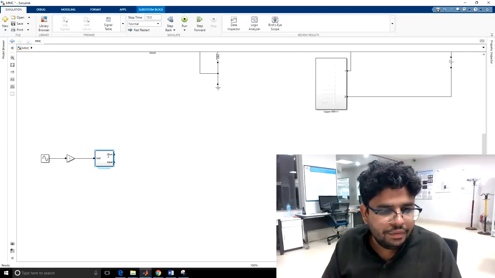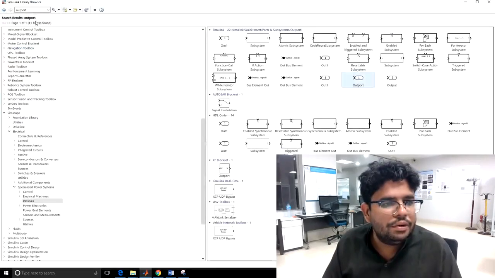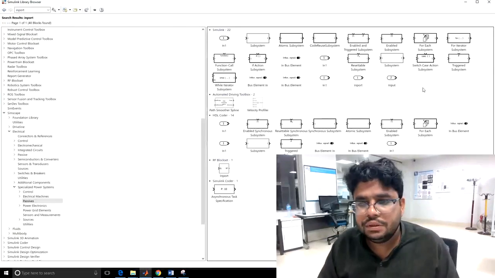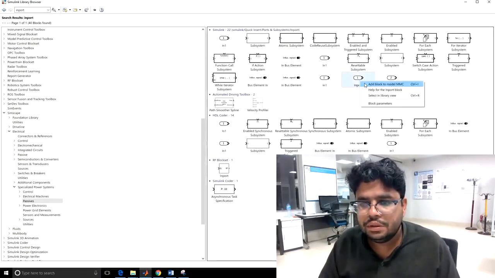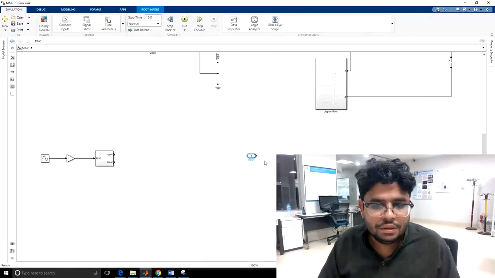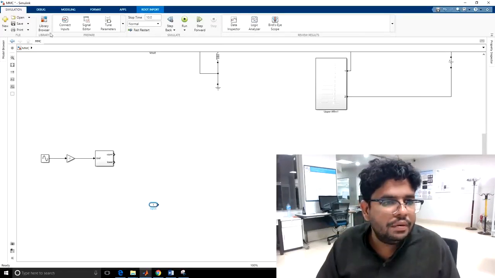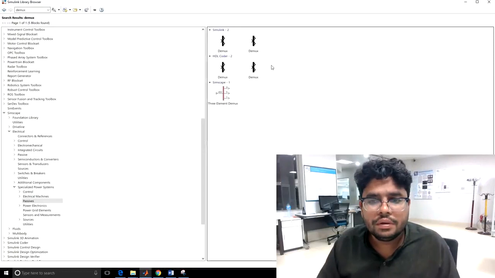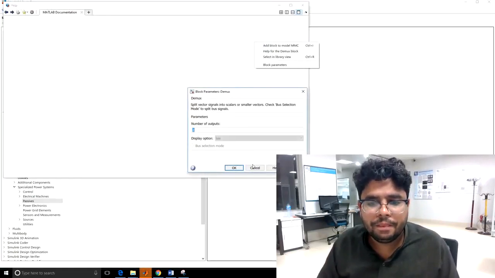Now we need to give these gate signals to the upper and lower arm. So for this we need to pick one input. This input, and we need to pick demux. Sorry, cancel.